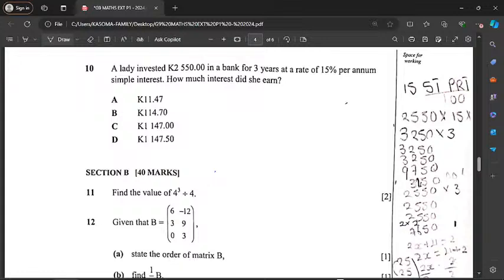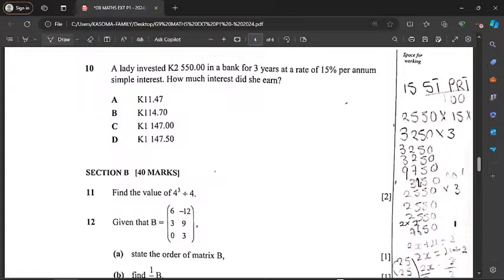How much interest did she earn? Okay, here we are talking about the simple interest the lady got after investing 2,550 kwacha in a bank for 3 years at a rate of 15%.